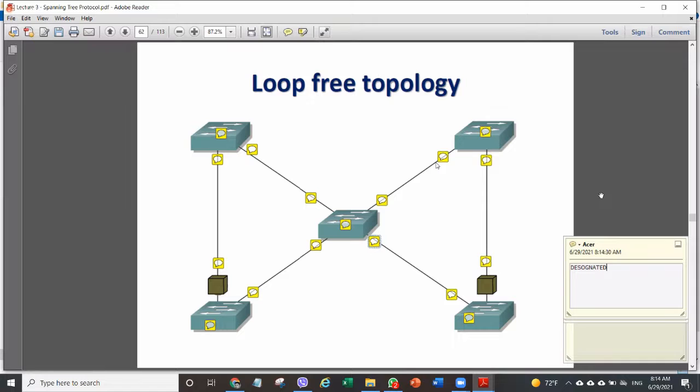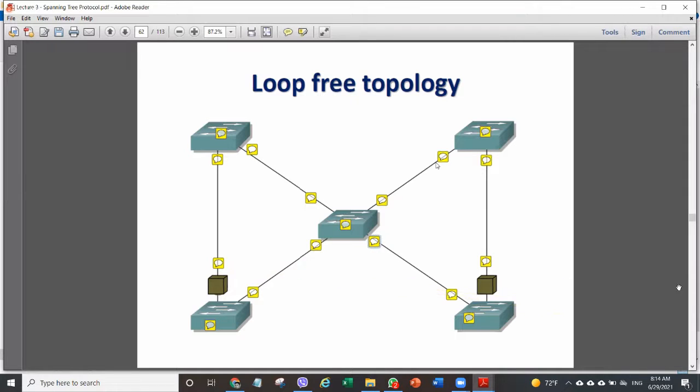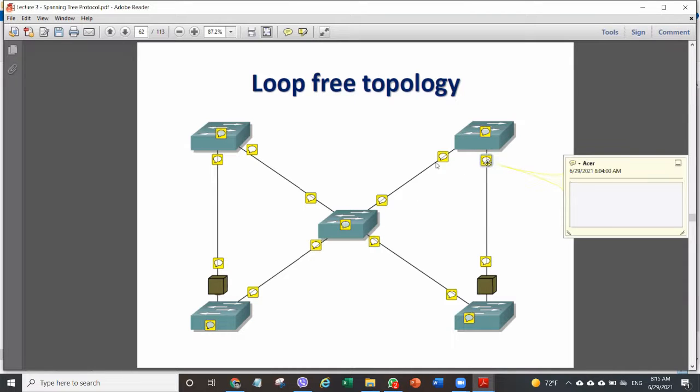But in this case all the ports are connected with the designated switch only once. There is only one link, so all are designated. Right? So other than that, this one also designated.